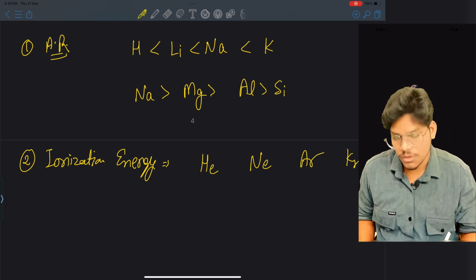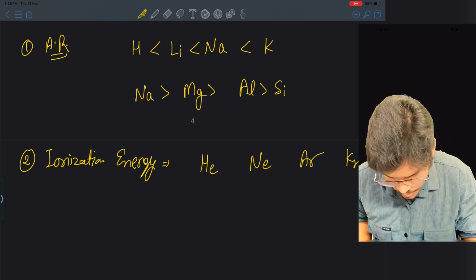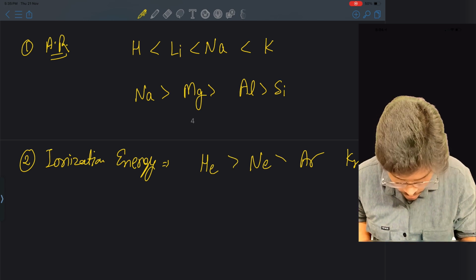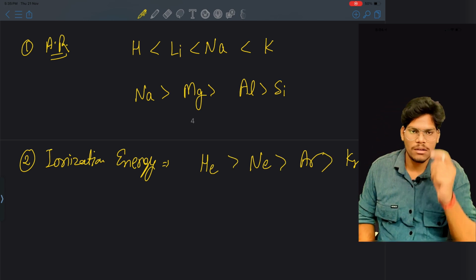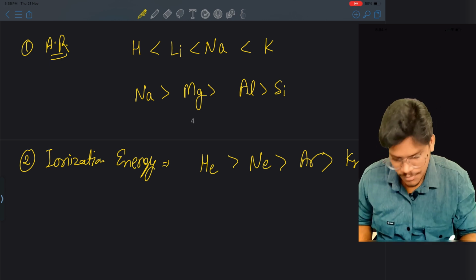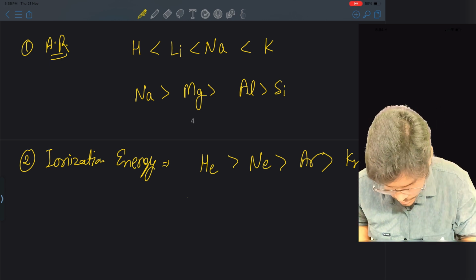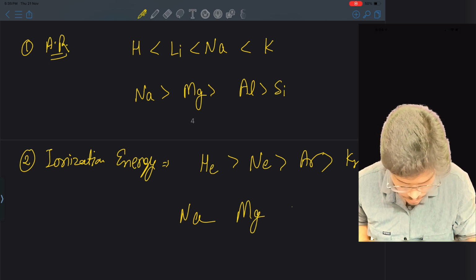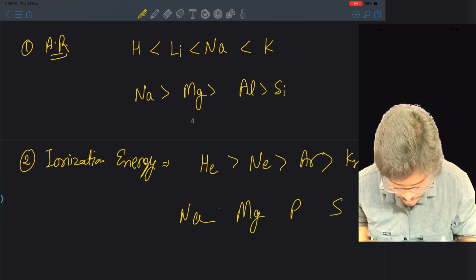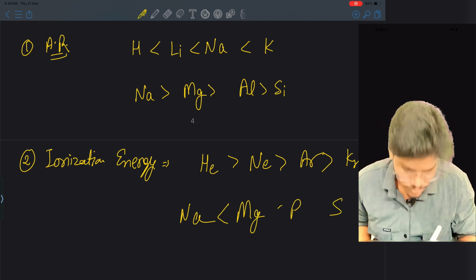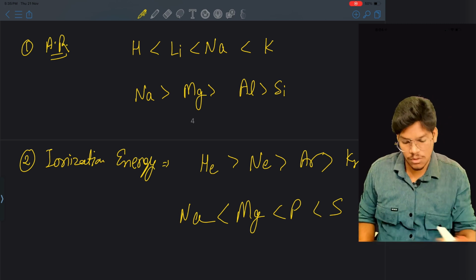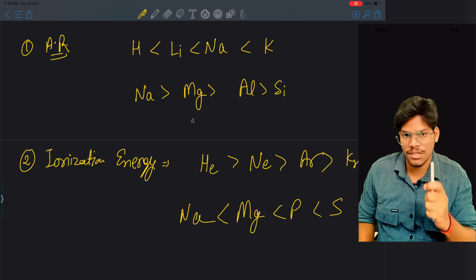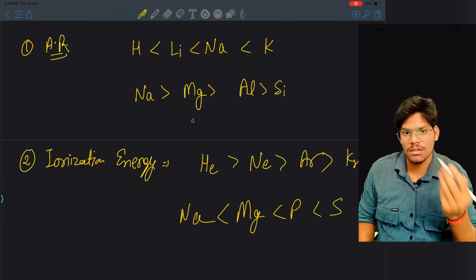Ionization energy is always decreasing when we go from top to bottom in a group. And for sodium, magnesium, phosphorus and sulfur, it will increase, because going from left to right in a period, the nuclear force increases, so the ionization energy is also increasing.